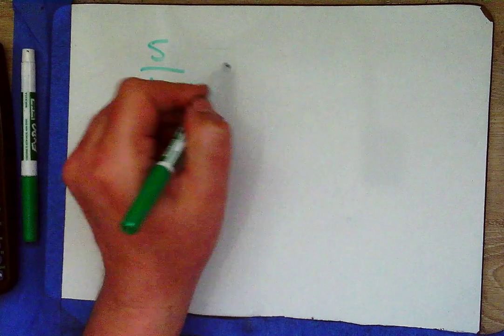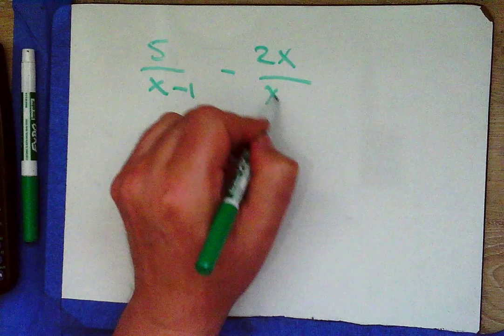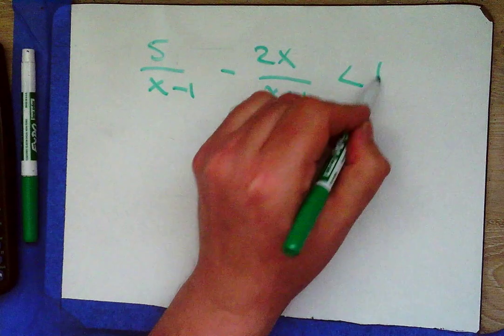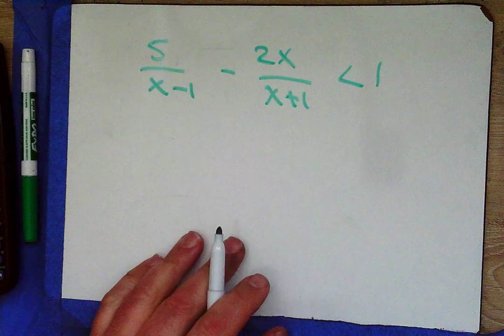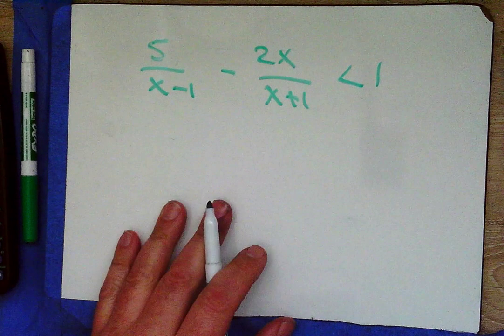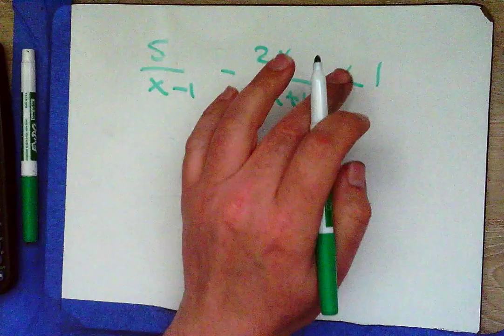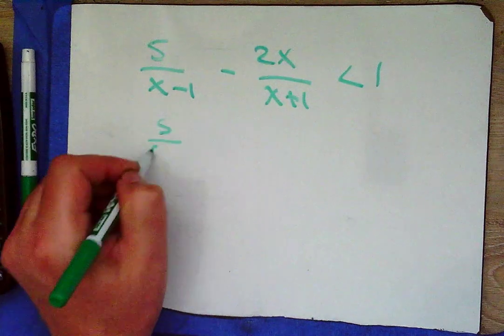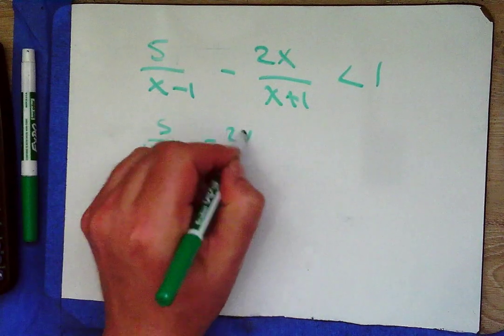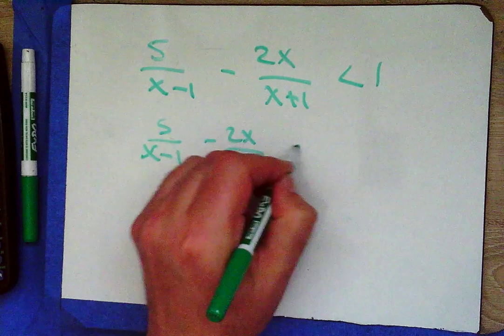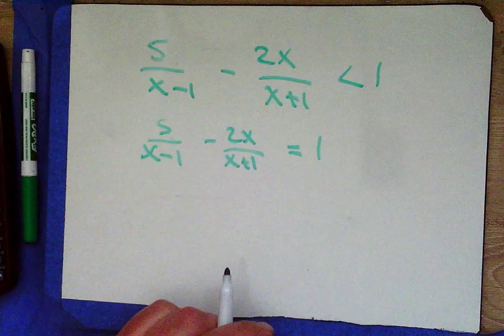How about 5 over x minus 1 minus 2x over x plus 1 is less than 1? So, this is interesting, because I know the first thing I want to do is turn this into an equation. But now what?